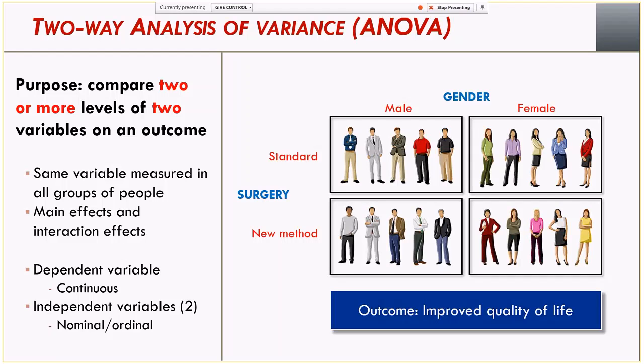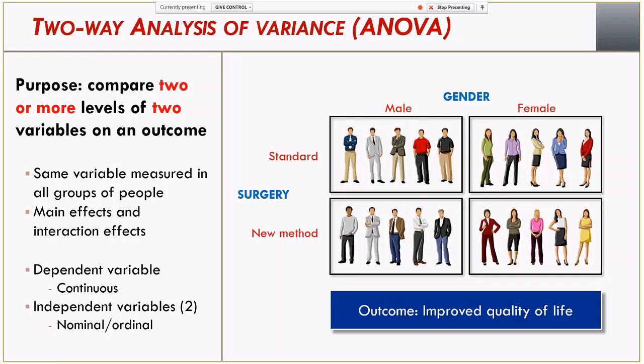So as you can see here, we have a group of males who got the standard surgery, a group of females that got the standard surgery, a group of males who got the new method, and a group of females that got the new method. So this test allows us to determine the effects of gender and the effects of surgery on our outcome, which is quality of life.